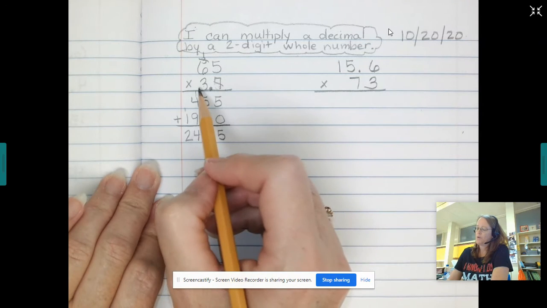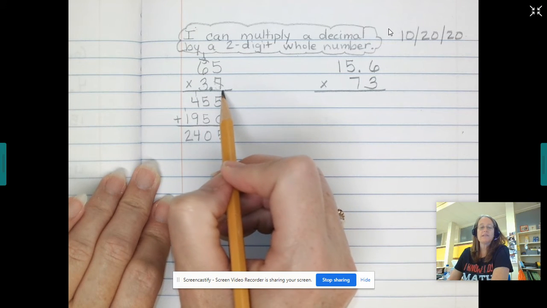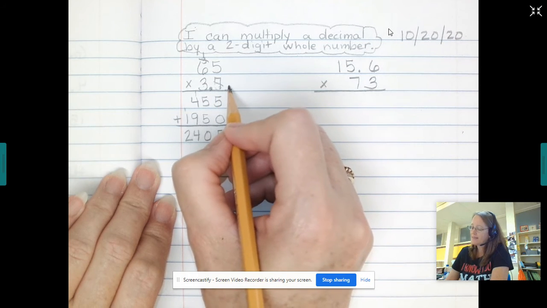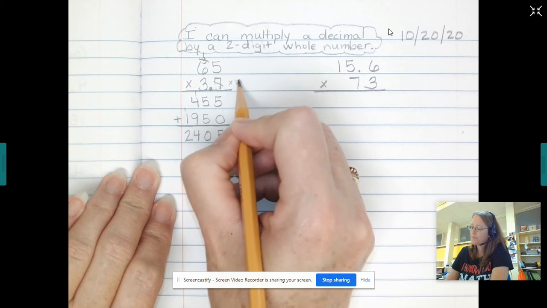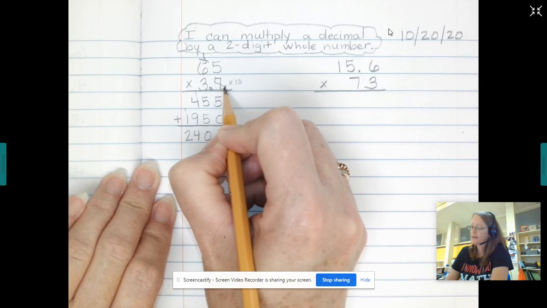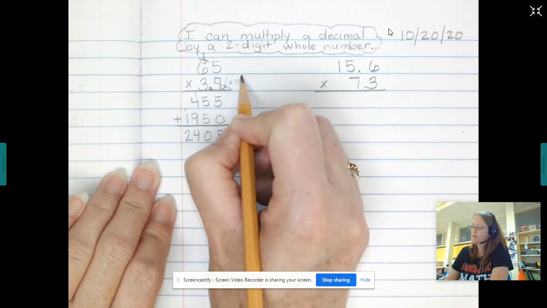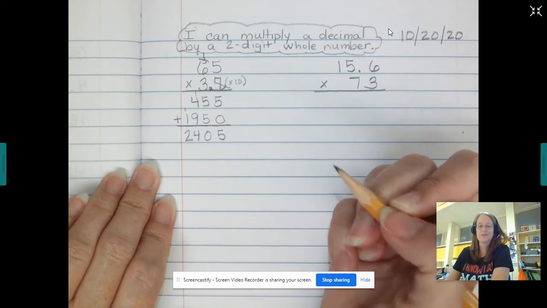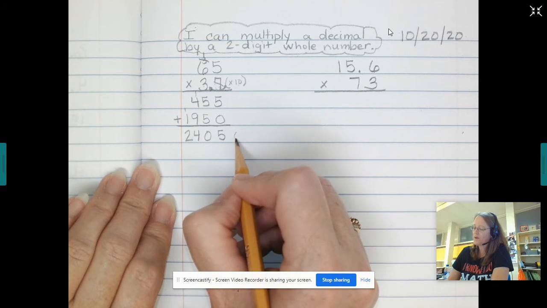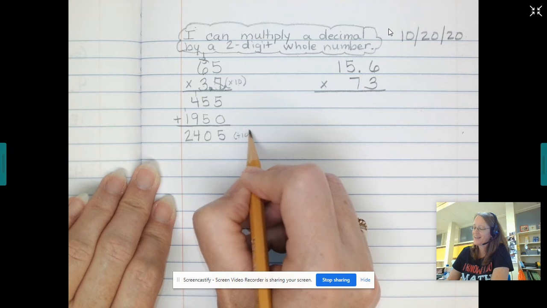Now, remember that 3 7/10, that's really not a whole number, but if we multiply that by 10, then it moves that decimal one time to the right. If we multiply by 10 in the factors, down here in the product, we would divide by 10.